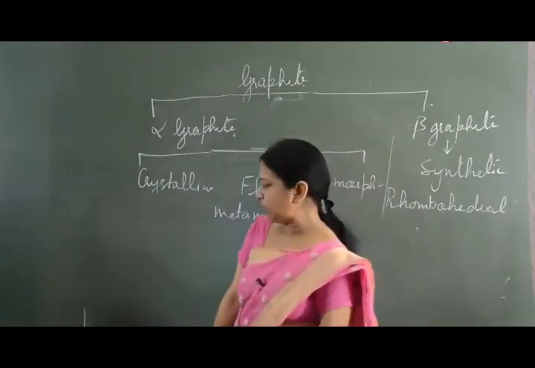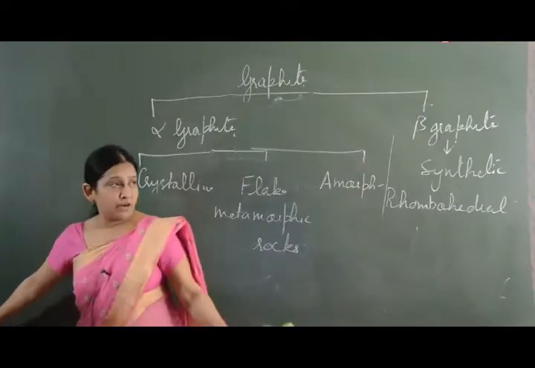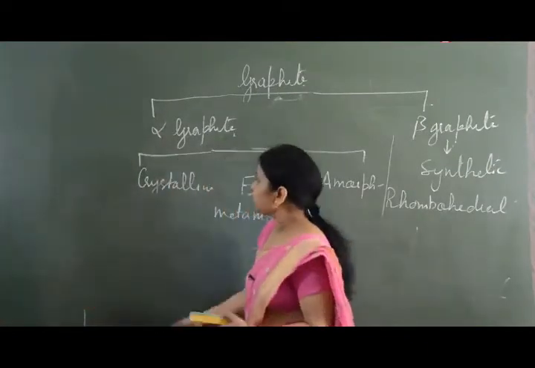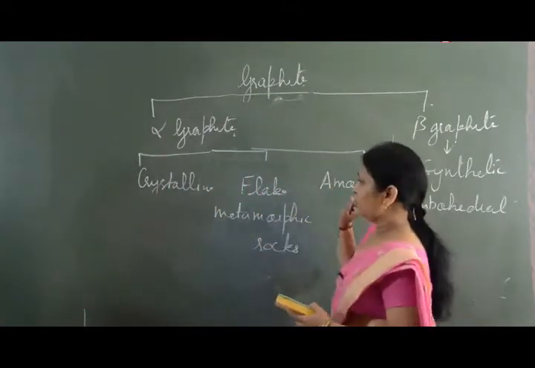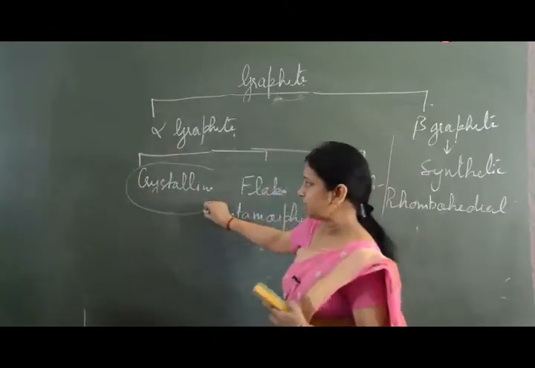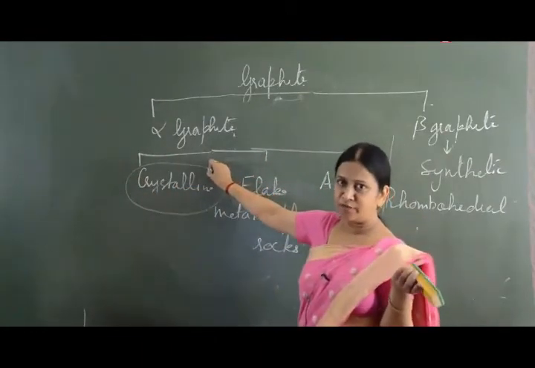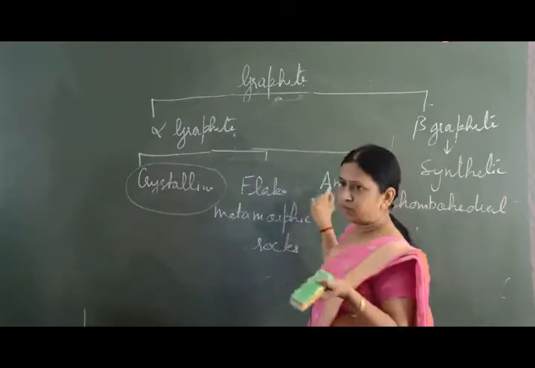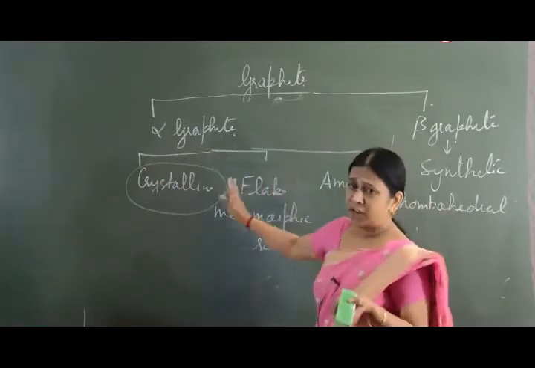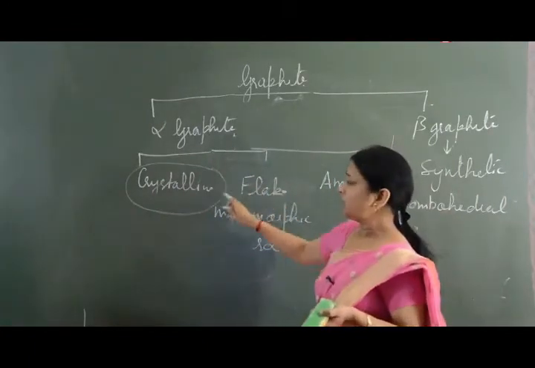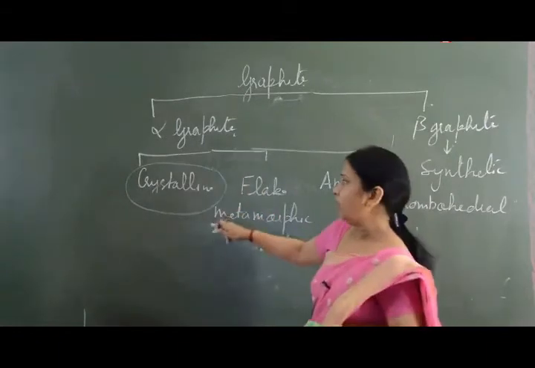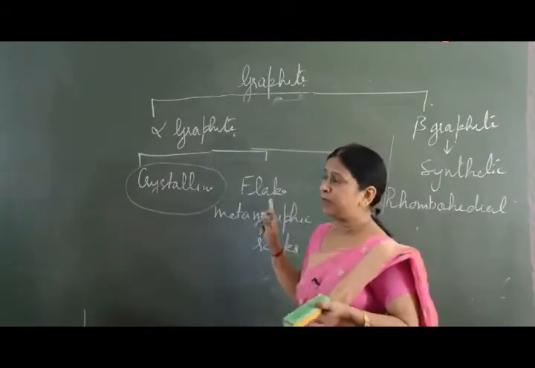These are the three types: crystalline, flake and amorphous. Crystalline has a large amount of graphitic carbon. In amorphous the amount of graphitic carbon is less, and in flake the amount of graphitic carbon is between crystalline and amorphous.